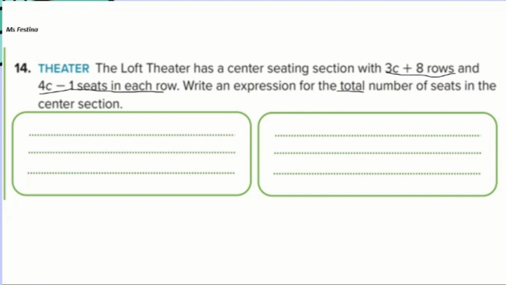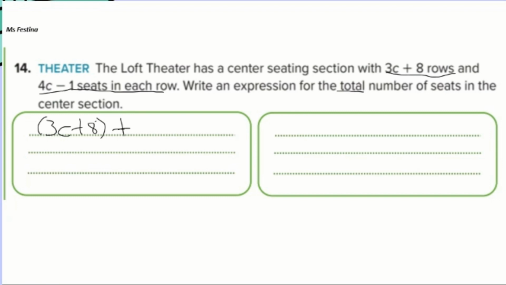So I'm going to write my expression there. So open bracket, 3c + 8, close bracket, plus, not multiply, we are not looking for the product, we are looking for the total, which is the sum. And if they say the difference, remember they want you to subtract.